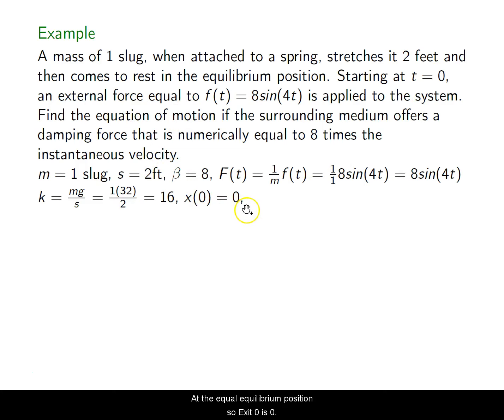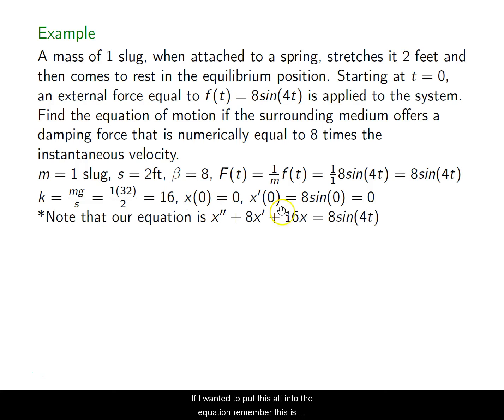So x of 0 is 0. That's my initial point. The derivative, the initial velocity, happens at 0, which is 8 sine of 0. So again, I'm not moving it already when I start going. I'm just starting it from equilibrium, and then I'm kind of just turning my system on.